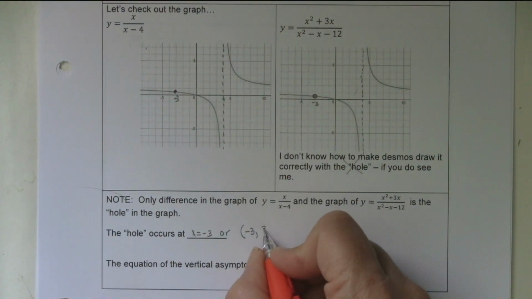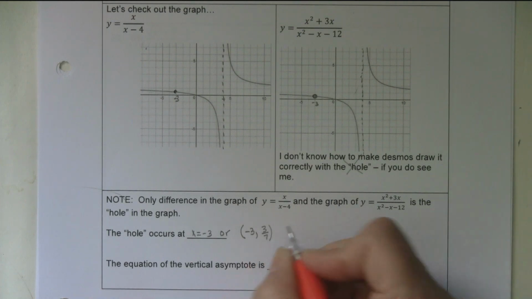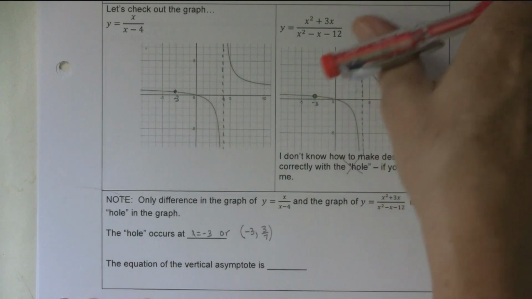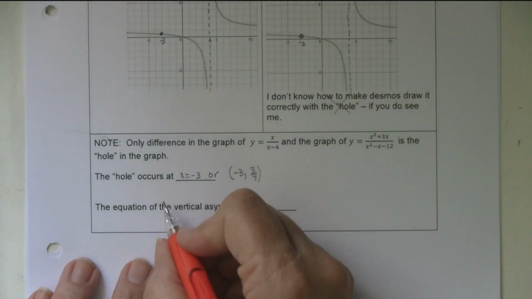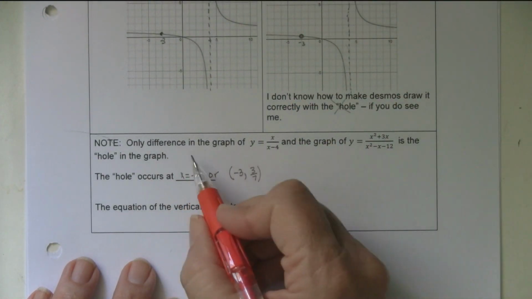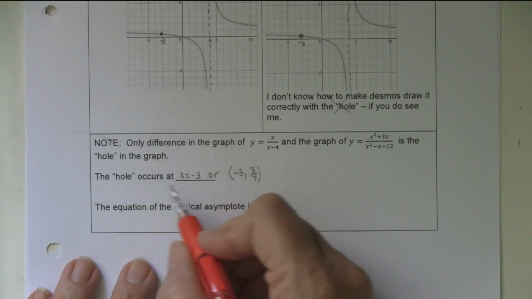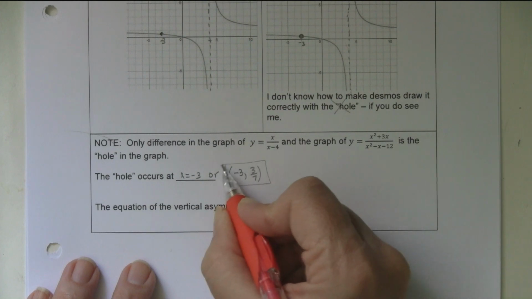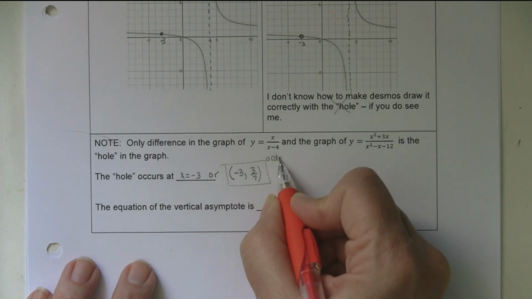Negative 3, negative 3/7 was the hole in the graph. That's where that hole is, at negative 3, negative 3/7, right? A lot of times I ask you, what is the ordered pair of the hole? And so this is the ordered pair of the hole.